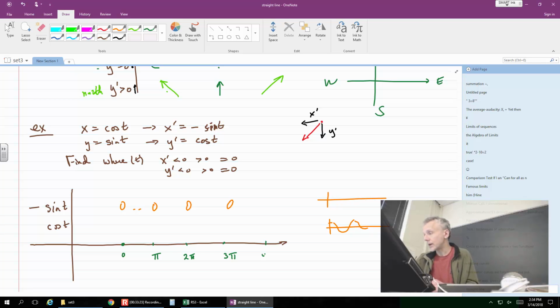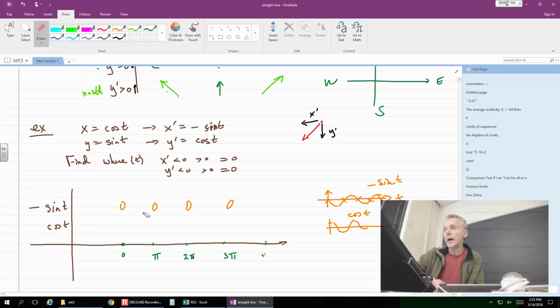So I have negative sine t, and this is cosine t. Negative sine changes its sign at every pi, and between 0 and pi it's negative, and then it alternates plus, minus, plus, minus.